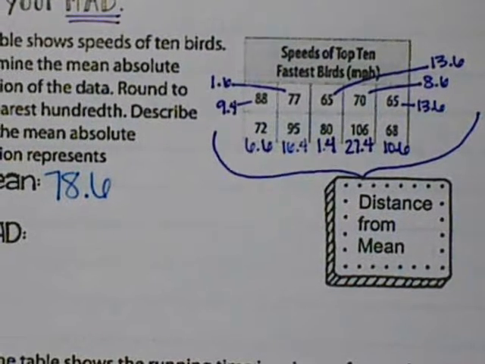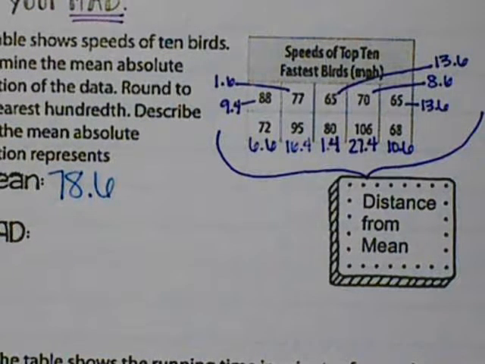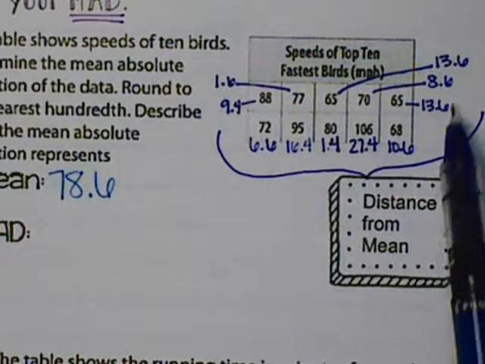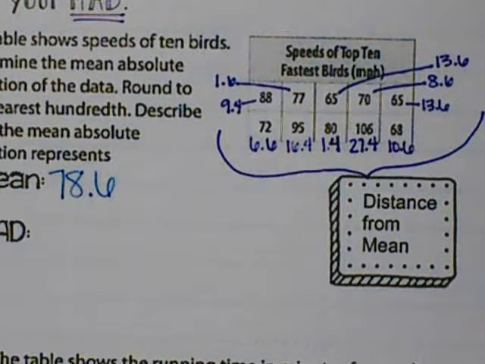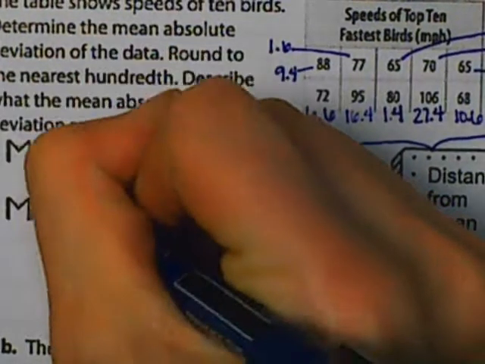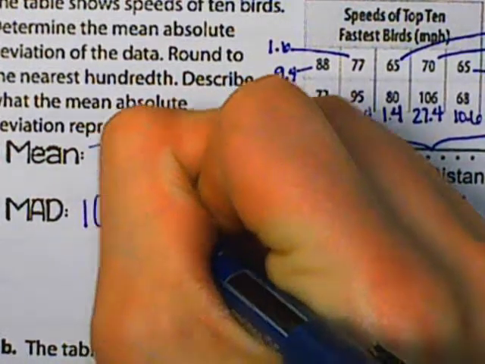Now that we found each distance from the mean by subtracting, we're going to find the average of these values. So if we add all of them up, divide by 10, we get a mean absolute deviation of 10.92.